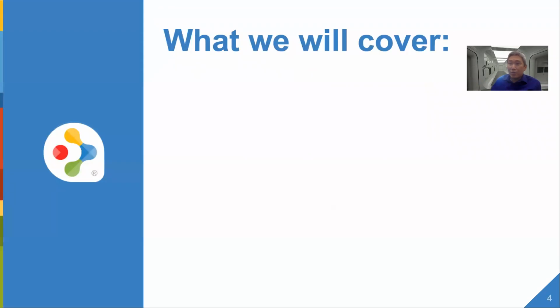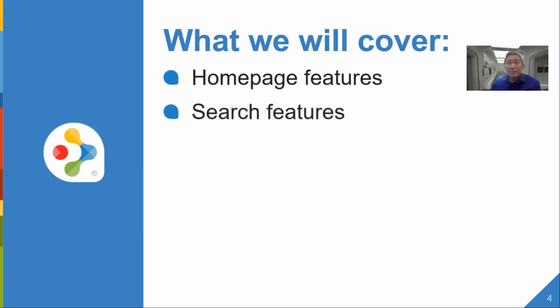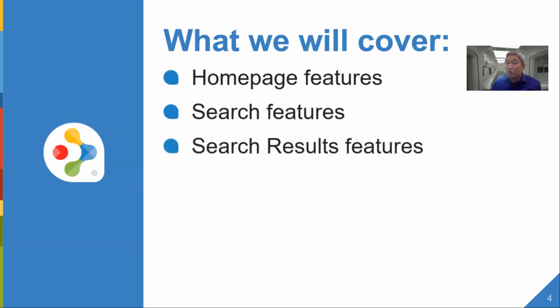The topics we're going to cover this morning include the homepage features, all these buttons that you're going to see on the homepage, and how you can look up properties. Search. In the search results, how we can select the properties. We can do mailings for prospecting, things like that.